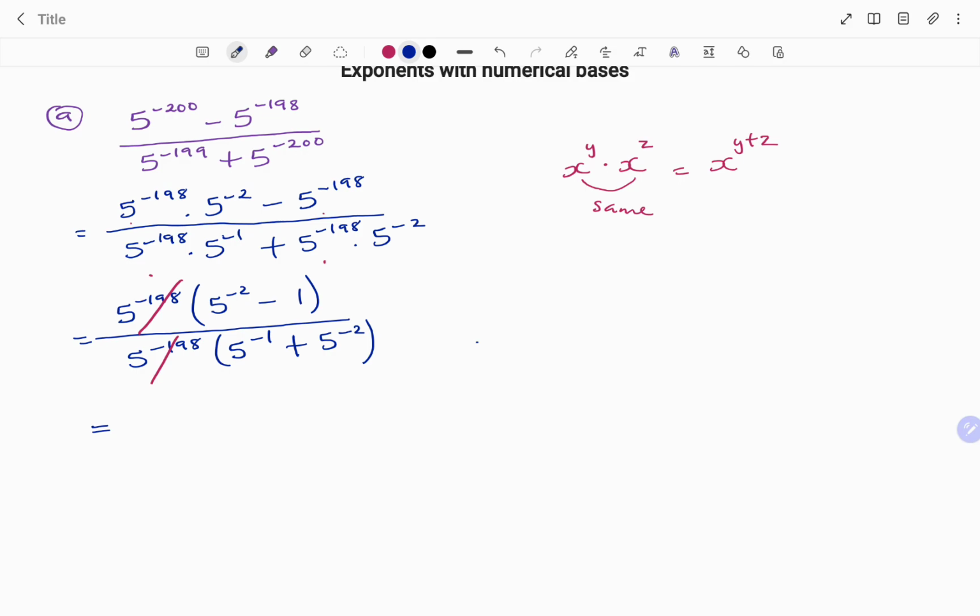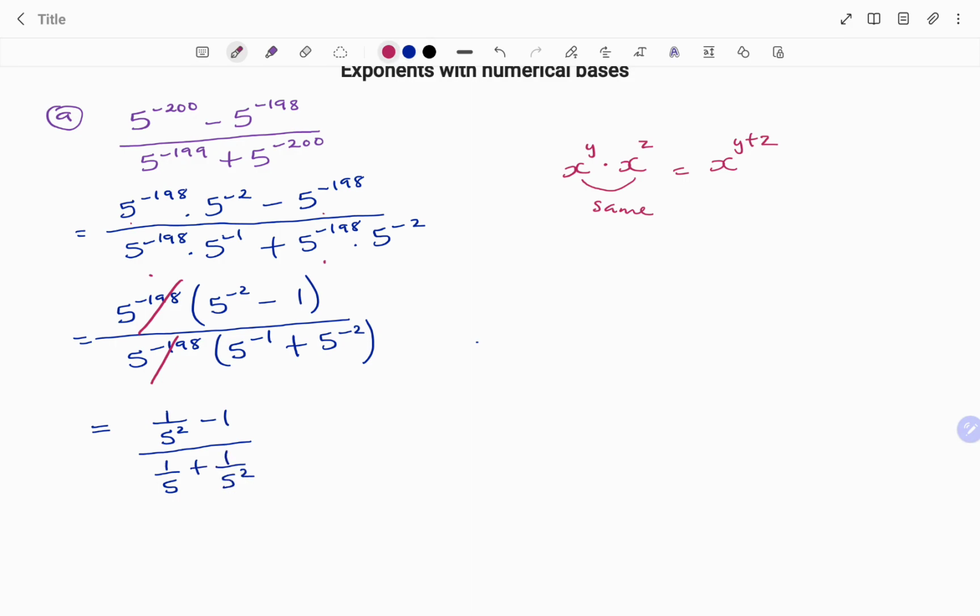And in my bracket, for my numerator, 5 to the power of minus 2 is the same as 1 over 5 squared, minus 1. I'm going to do the same at the bottom: 1 over 5 plus 1 over 5 squared.